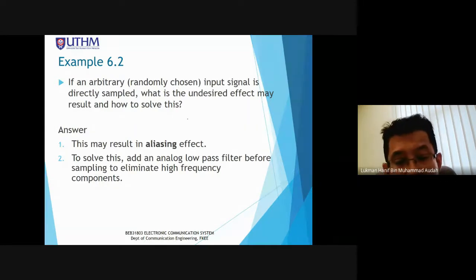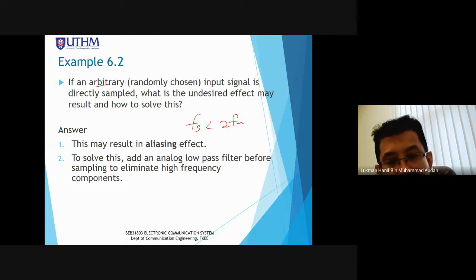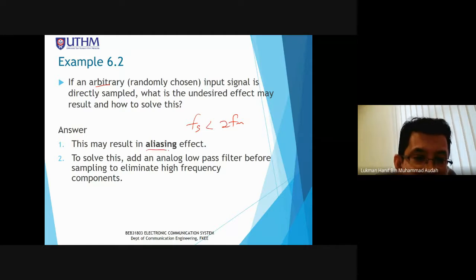Ada kemungkinan Fs menjadi kurang daripada 2 FM. Okay, arbitrary is a randomly chosen input signal. Itu sebabnya kita perlu sample berdasarkan input. Kita tak boleh sebarang pilih sampling rate. Otherwise, it's going to be aliasing.